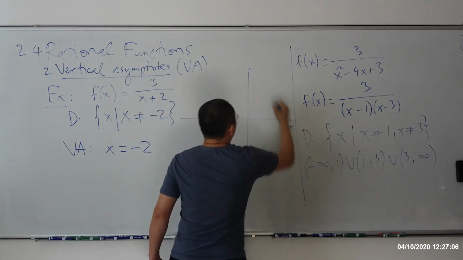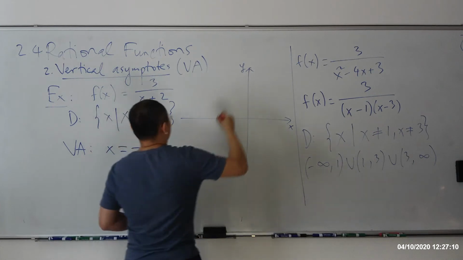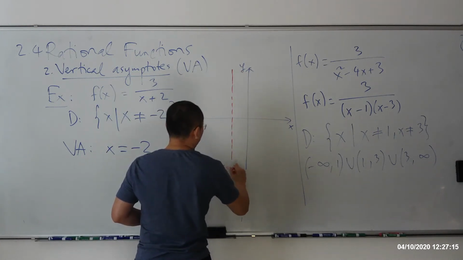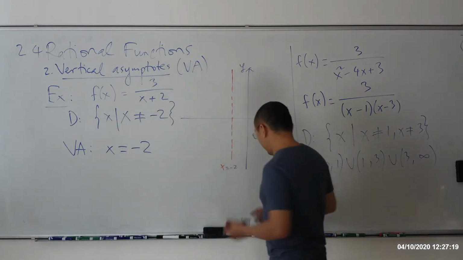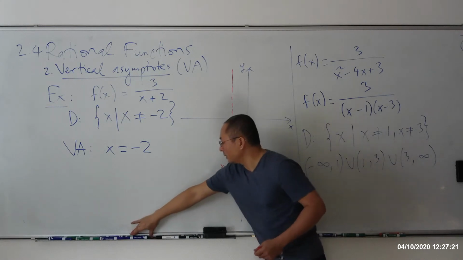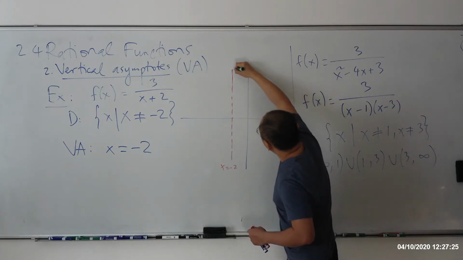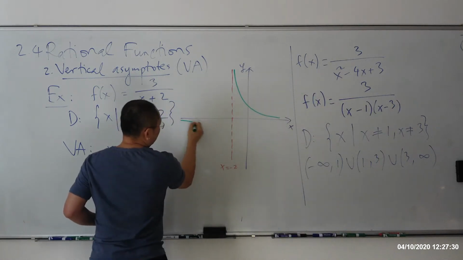X-axis, y-axis right here. The vertical asymptote of x equal to -2. This is the line x equal to -2. Okay? And the graph, let's use green color. The graph is going to look like this, and like this.